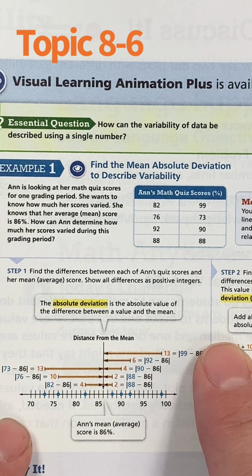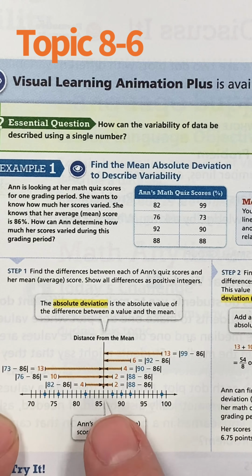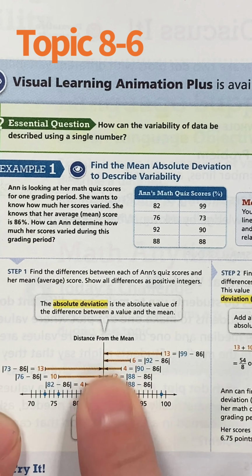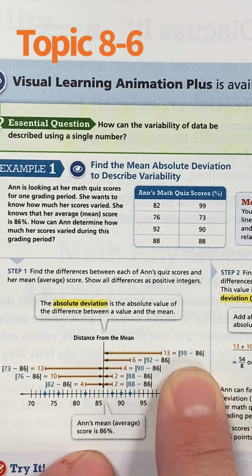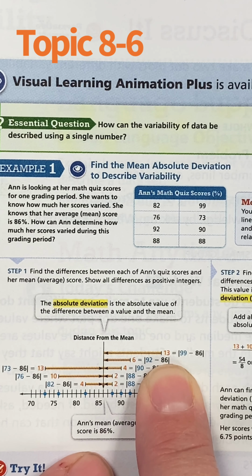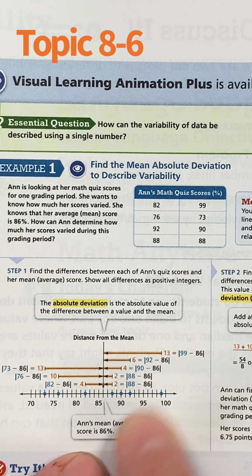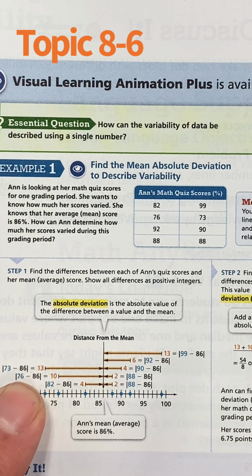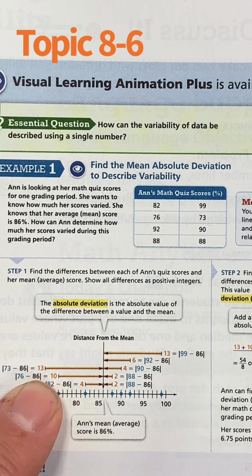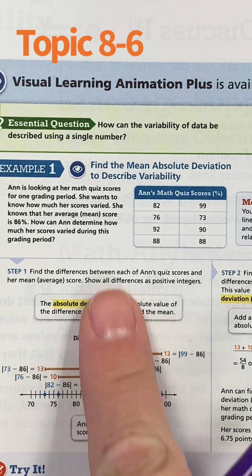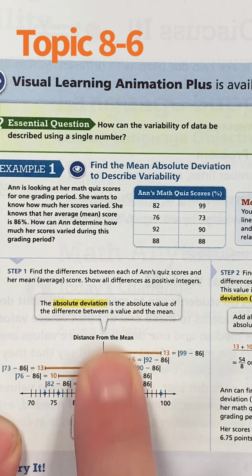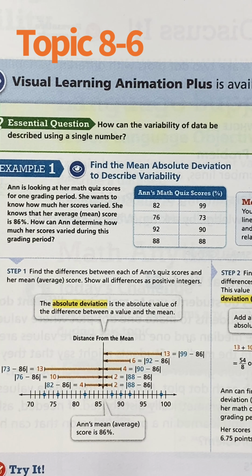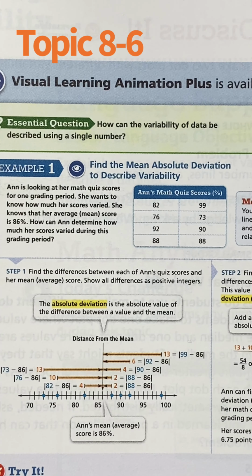This is how far away it would be from the mean. This one is a 99 minus 86, and so the absolute deviation would be 13. She's got one over here that was a 73, and we subtract that from 86, and the absolute deviation is 13. I think when you see it on the number line, it makes more sense. And instead of 0, this time we're using the mean. Make sense?